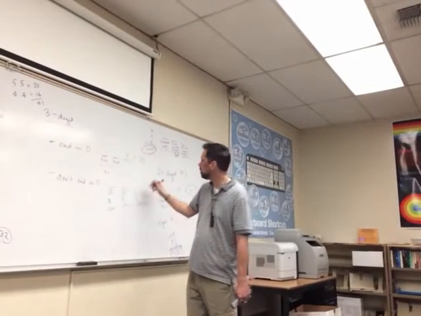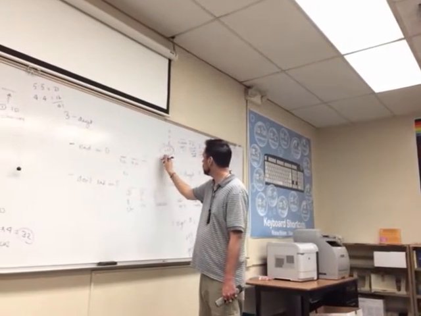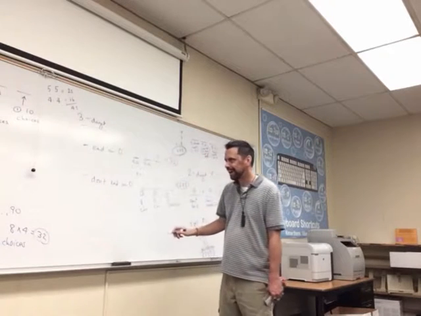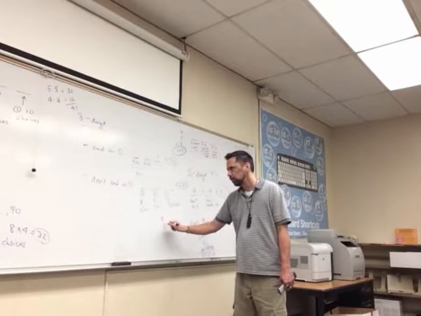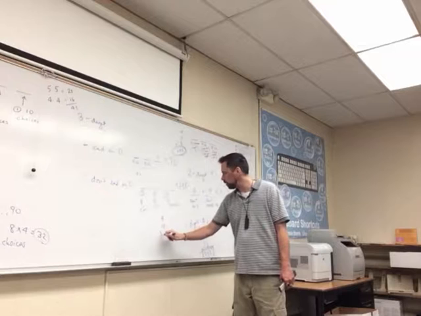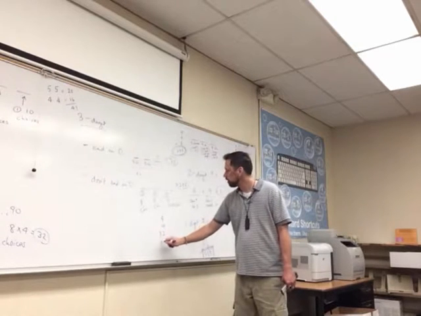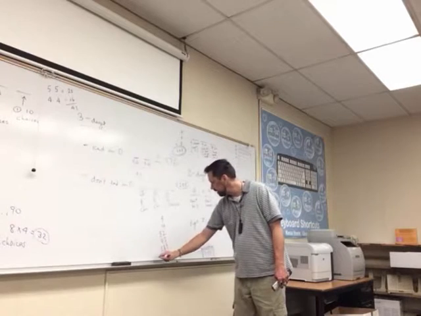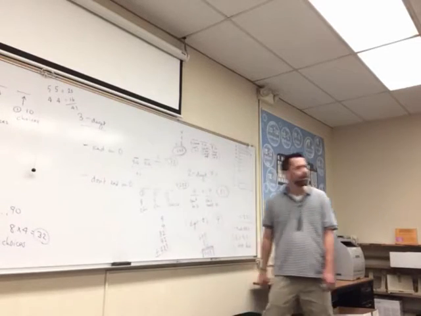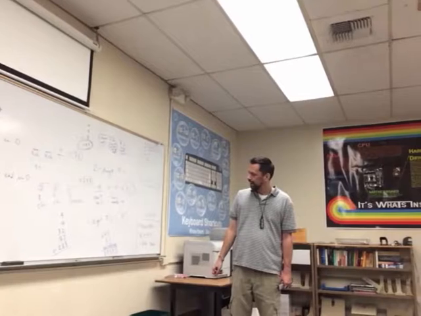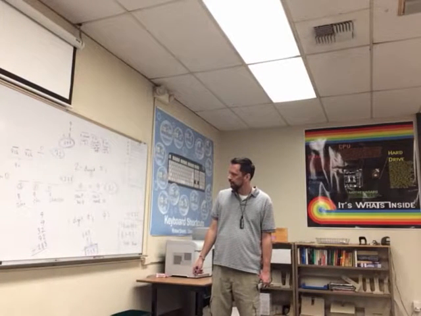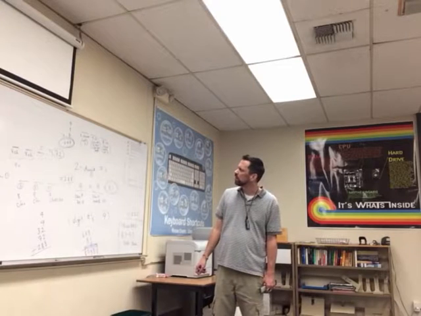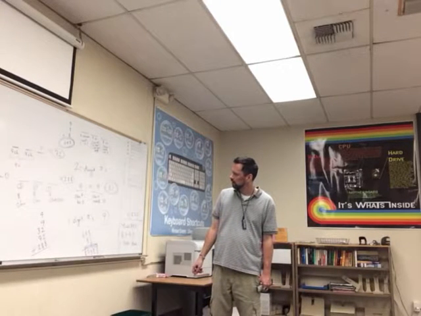So grand total, is it 369? 4 plus 9 plus 32 plus 72 plus 288. Is that 369? Wait a minute. That seems weird. That's a lot more than 369, isn't it?